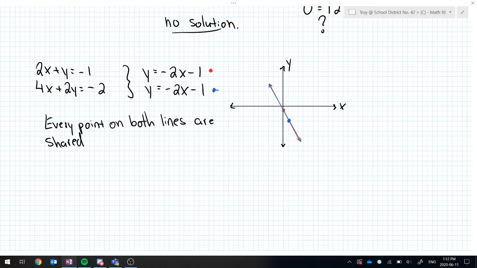Okay, and if both of those lines go left and right forever and up and down forever, what we would say then, there are an infinite amount of points that are shared, so therefore there are infinite solutions.